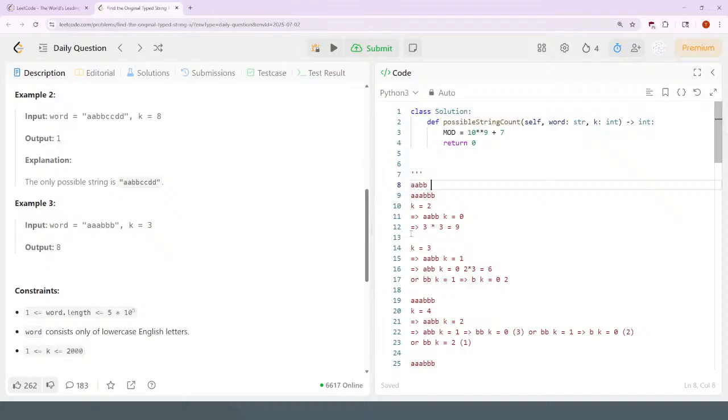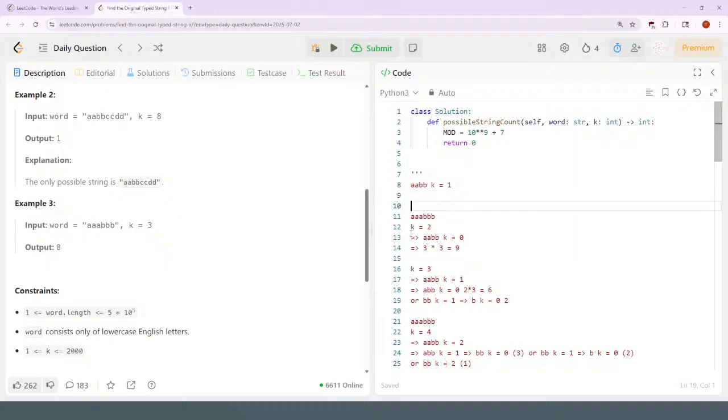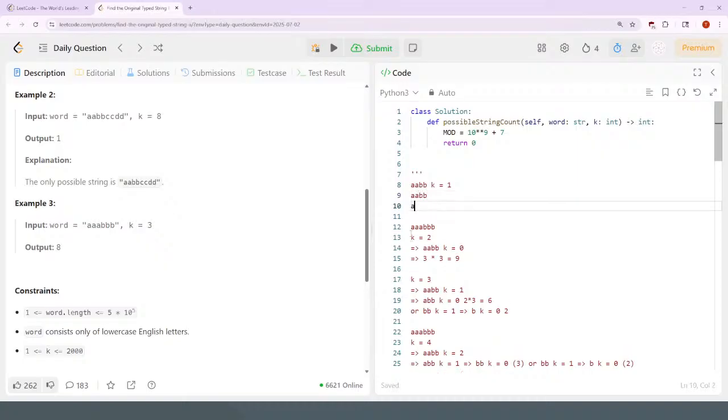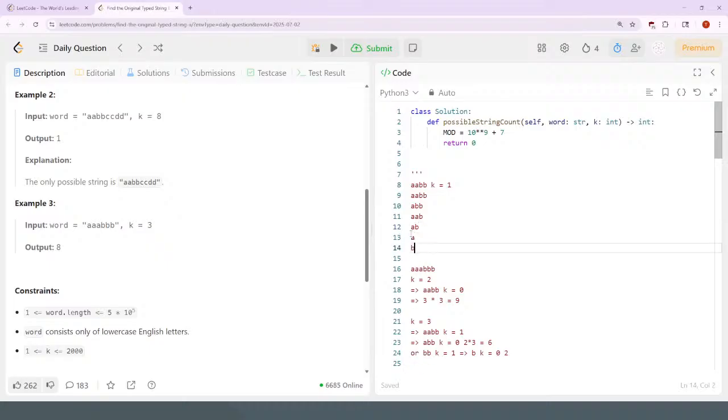So AAABBB, and K has to be 1. So basically she could intend to type all of it, or just a single A, or just a single B, or just an AB. So that ends up being 1, 2, 3, 4, 5, 6.